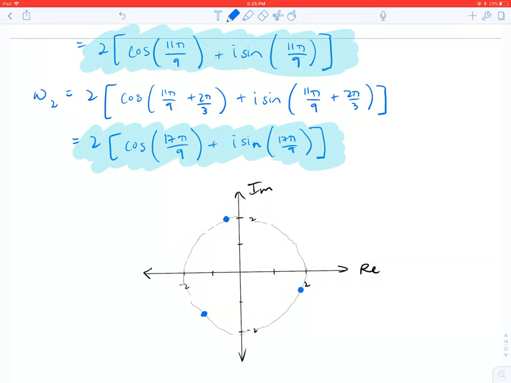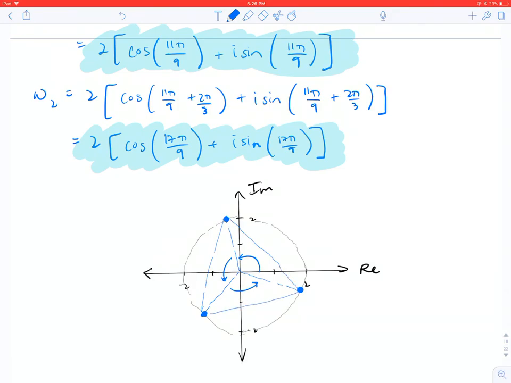So this one will come out here in quadrant 3. And then 17 pi over 9 will be here. Now, if I draw some lines going to the origin, you can see, remember, we kept adding 2 pi over 3. So the angle between each of these roots is 2 pi over 3.